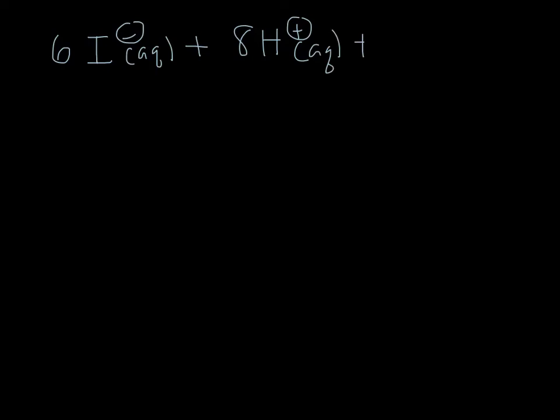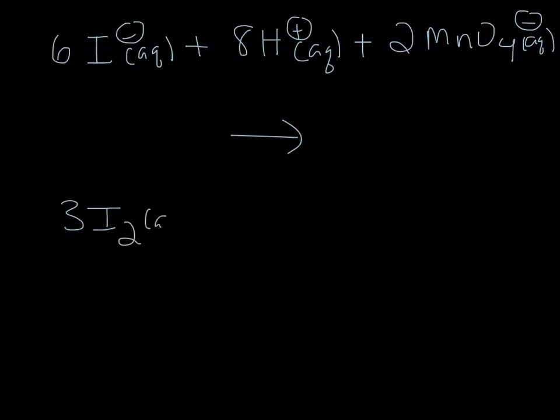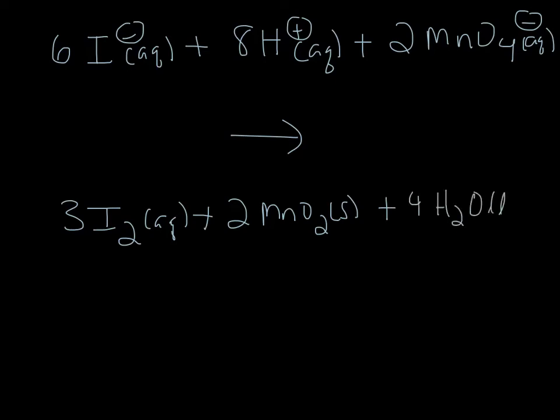So I'm going to write my mass and charge balanced equation here on this side. So that would be 6 iodide ions, aqueous, plus 8 H plus aqueous plus 2 MnO4 minus aqueous goes to 3 I2 aqueous plus 2 MnO2 solid plus 4 H2O liquid.